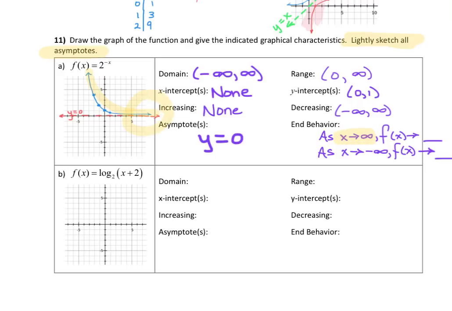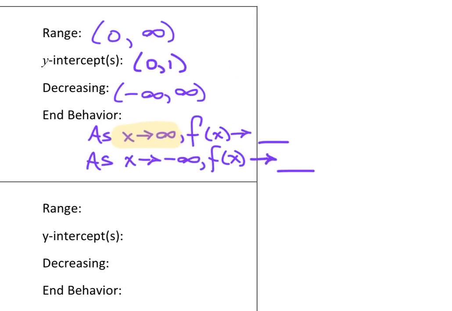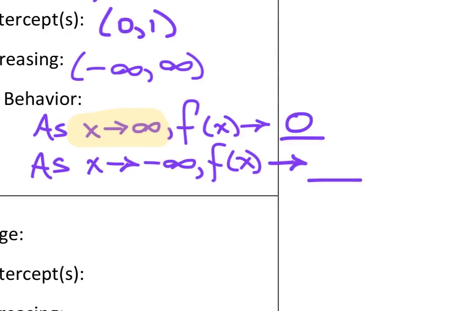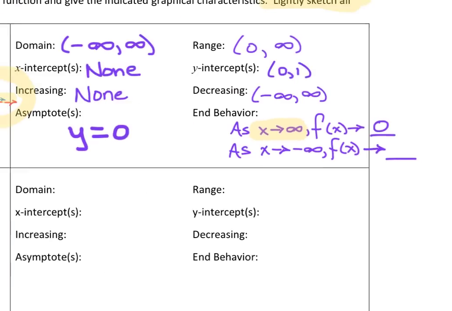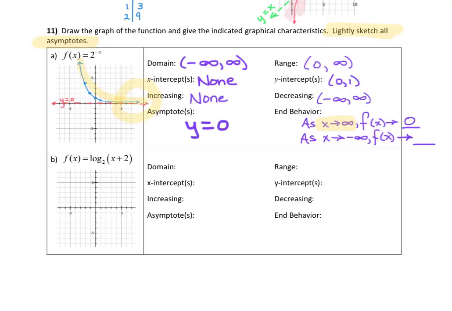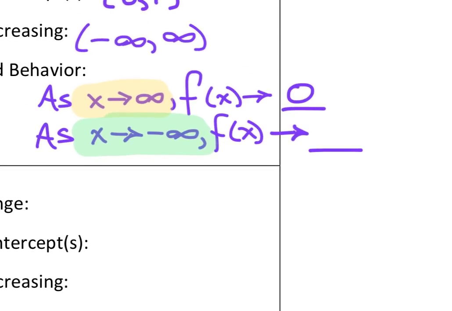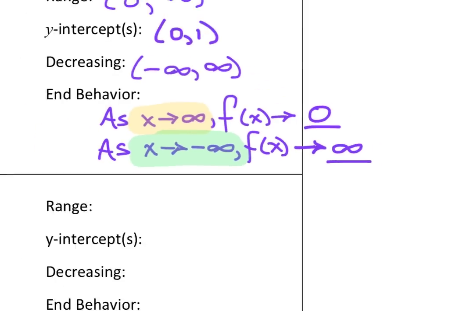Well, on the right, the graph is going toward the asymptote. And so on the right, the asymptote is 0. And so remember that a horizontal asymptote always is about end behavior. Horizontal asymptote, about end behavior. On the left, the second part of the end behavior asks about the left. On the left, the graph is going up. And so the left end behavior is infinity.